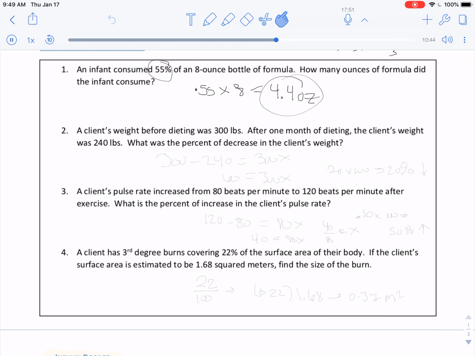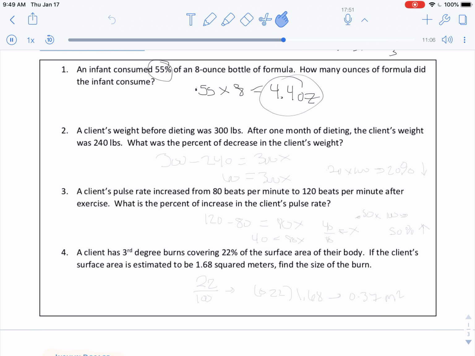And then for the second problem, we have a client's weight before dieting was 300 pounds. After a month of dieting, the client's weight was 240 pounds. What was the percentage of decrease in the client's weight? So now we have a similar problem to the last one, like number 4, all the way at the top.